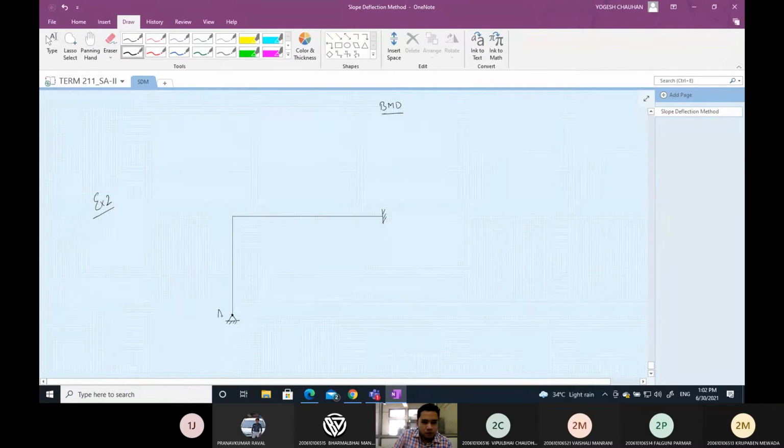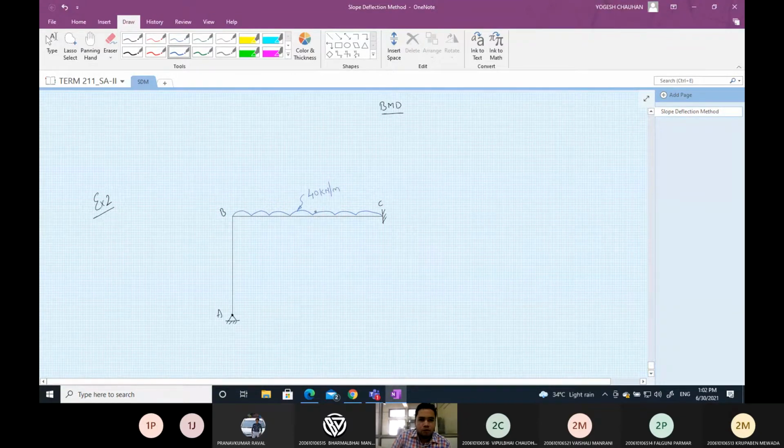Let this be A, B, and C, and this frame is loaded with a UDL of 40 kN per meter on segment BC.